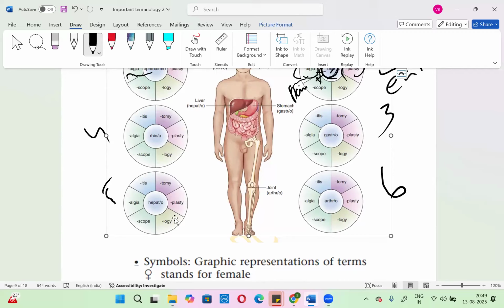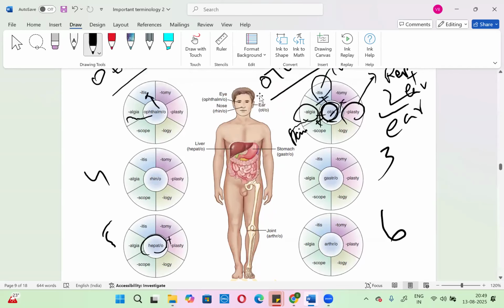That is hepato plus plasty. What is hepato? As per the picture, you can see the meaning here also. Hepato means liver. Very good. Hepato plus plasty.